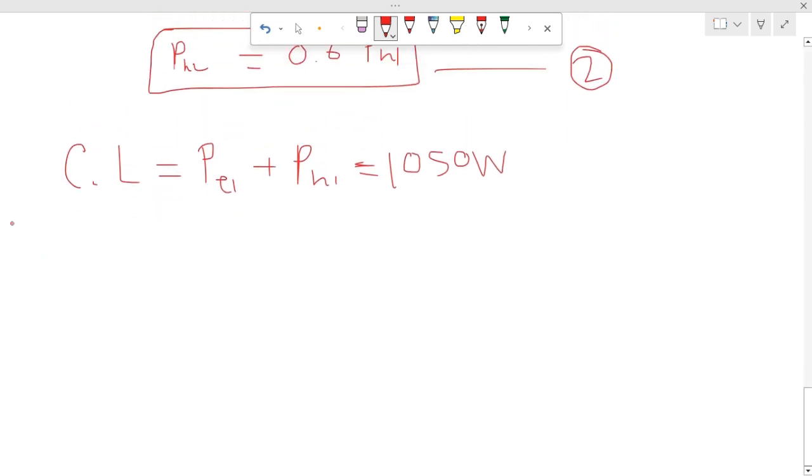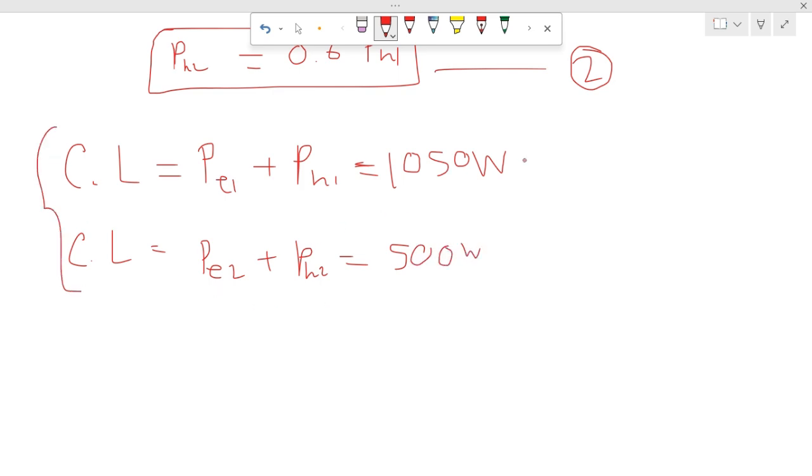And the core loss for the second input voltage and frequency is PE2 plus PH2 equal to 500 watt, as per the question. This is for the first and this is for the second.